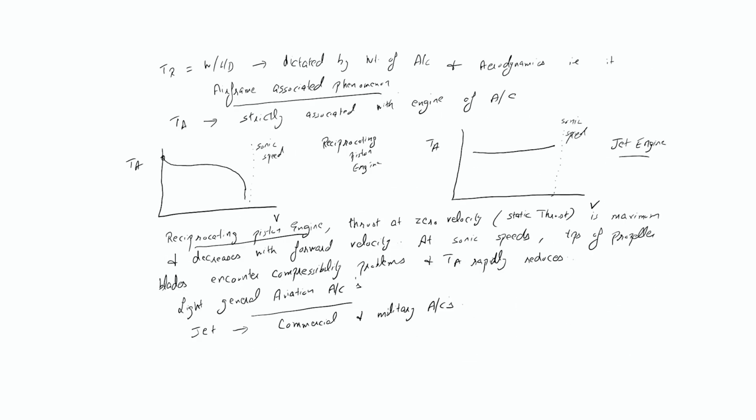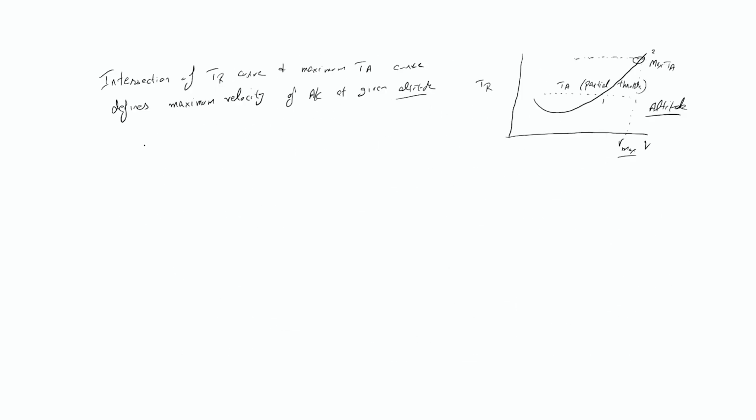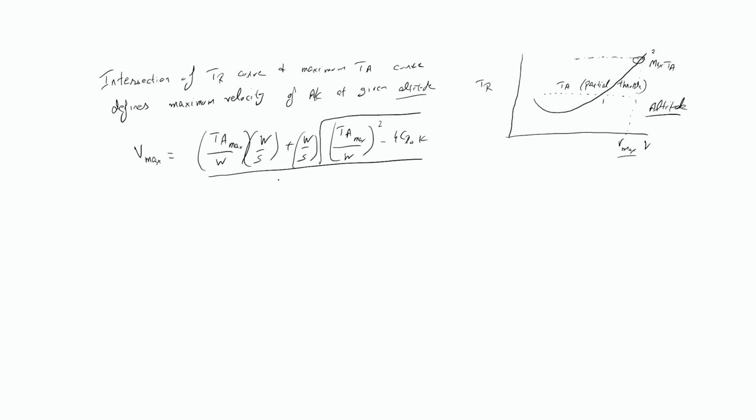So Vmax can be written as the square root of [(TA max by W) by S plus sign over here, (TA max by W) whole square minus 4 CD naught K], in the denominator rho CD naught. We have ignored the minus sign over here.